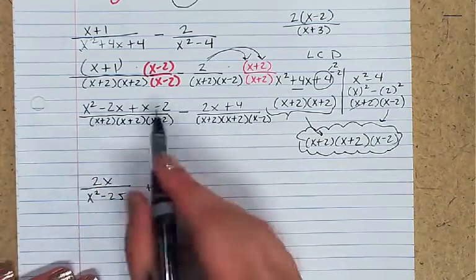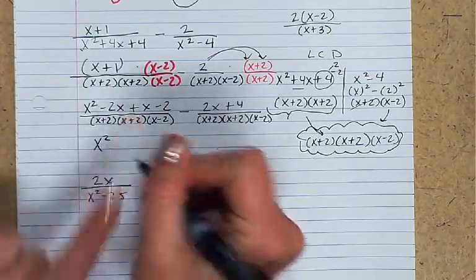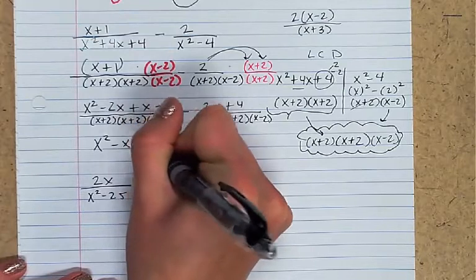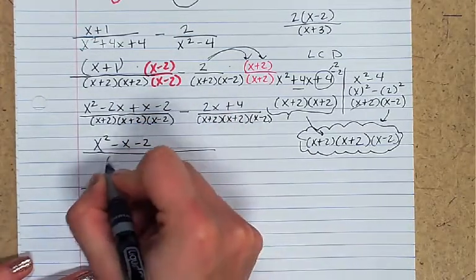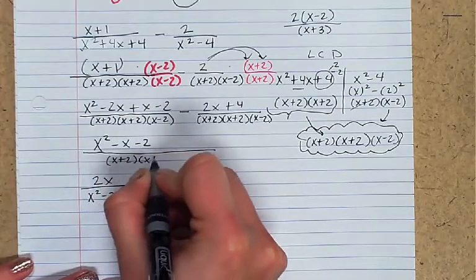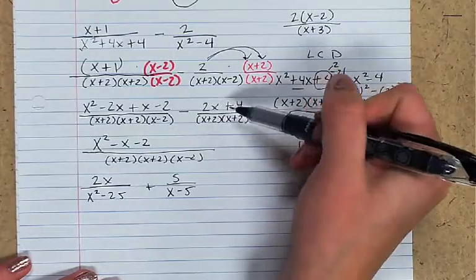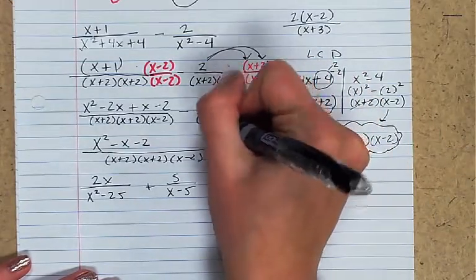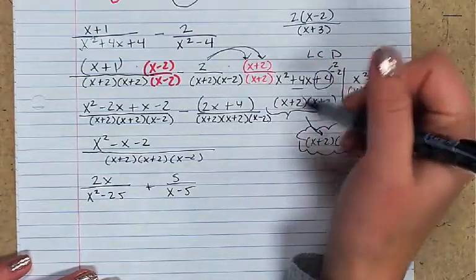So what I'm going to do is, over here on the left, I'm going to simplify this. So negative 2x plus x is just negative 1x. Now here, when you subtract this 2x plus 4, we are subtracting this whole thing. So it's kind of like you have to distribute the negative to both parts.